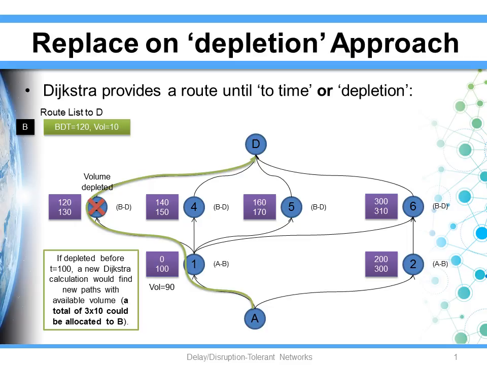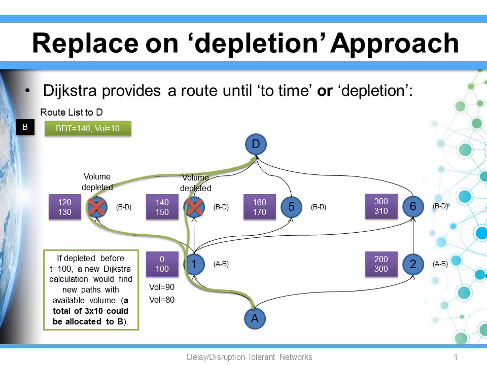So if depleted before 100, in this case this path got depleted before time 100, a new Dijkstra is calculated. And in this case, the new Dijkstra finds the route through contact number 4, which also has a volume of 10 and a slightly higher best delivery time. And so this is the new entry to route D, which can eventually again get depleted if I use this capacity 10.